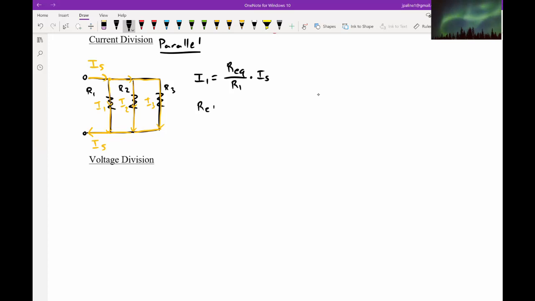Well, that's going to be equal to the parallel combination. Because all of these are in parallel with each other, we can do that. That's what we're going to have to use. Like we said before, it needs to be in parallel in order for current division to happen.